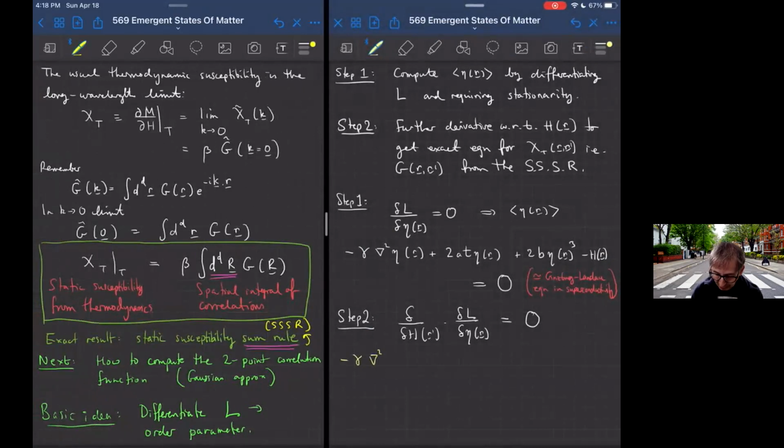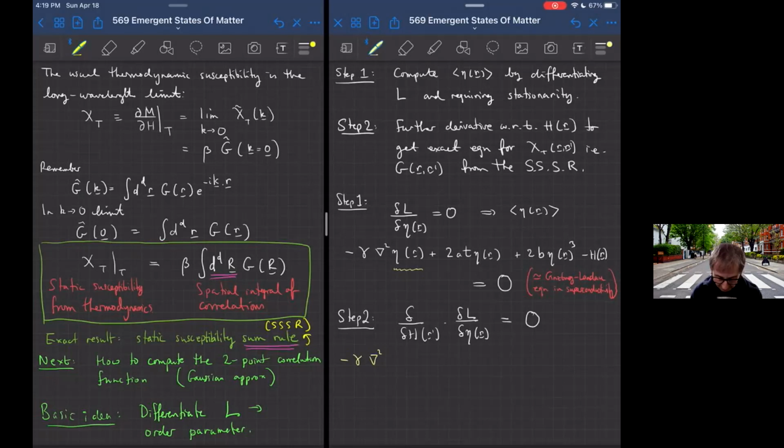So that goes under the del squared, and then d eta of r by dh of r prime is just chi of r prime. So that is just going to be the following. d eta by dh is just going to be chi, and d eta cubed by dh is going to be 6 eta squared times d eta by dh by the chain rule.